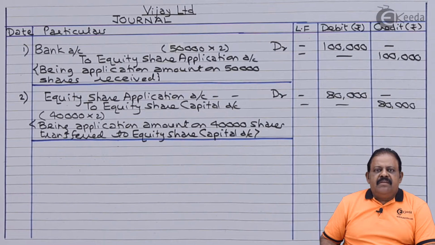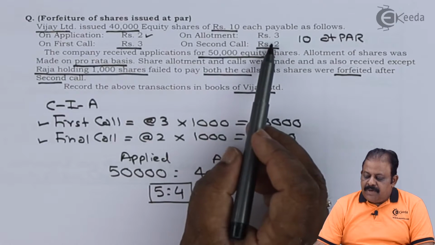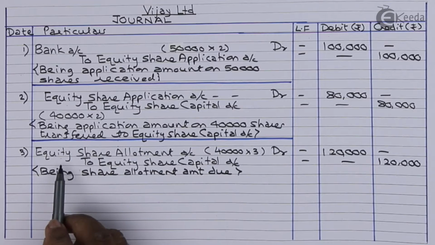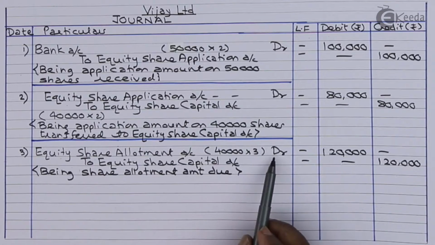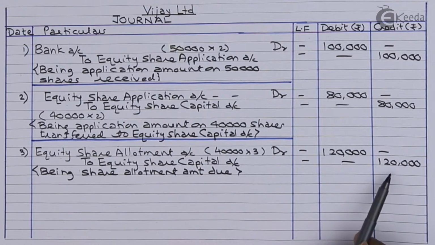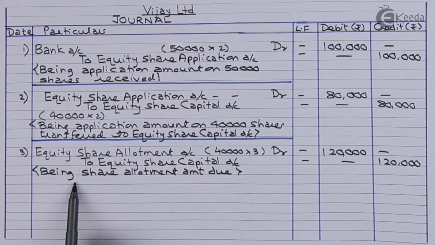The next entry will be demanding the allotment amount. Allotment amount is rupees 3 per share. Equity share allotment account debit 1,20,000 to equity share capital account 1,20,000, being share allotment amount due.